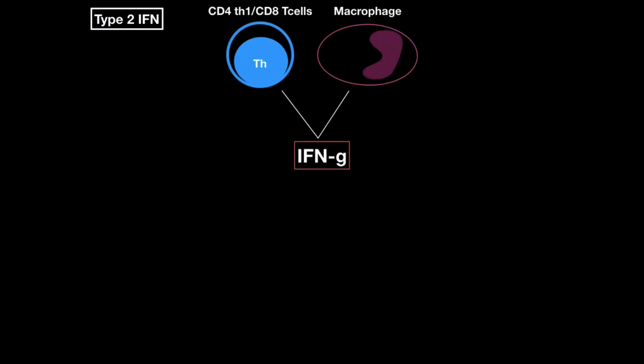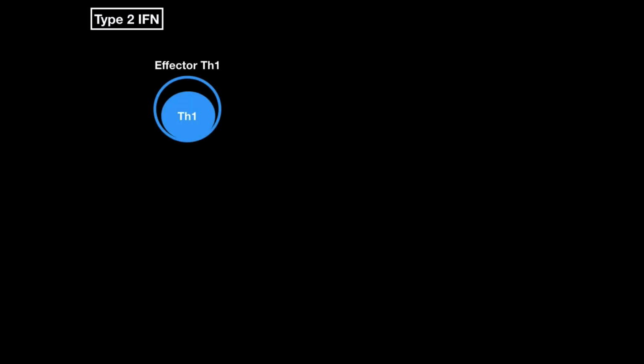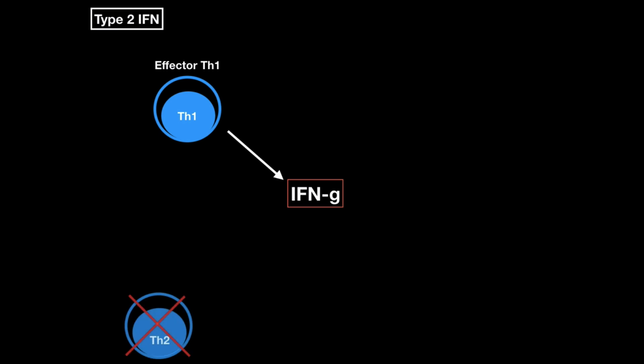Type 2 interferon, however, remember, is interferon gamma, and it can be released by T helper cell 1, T cytotoxic cells, and macrophages. When an effector T helper cell 1 releases interferon gamma, it reduces the amount of T helper cell 2 we're going to have in the body. Why is that? It's because the moment a viral infection happens in your body, you need more T helper cell 1 than T helper cell 2.